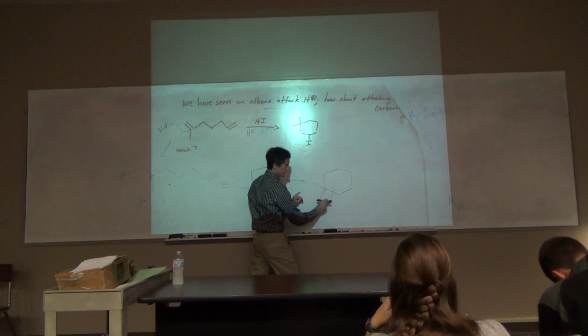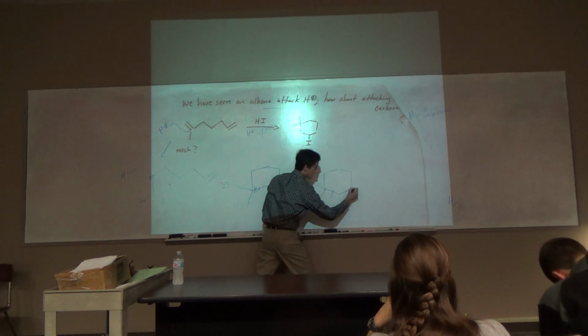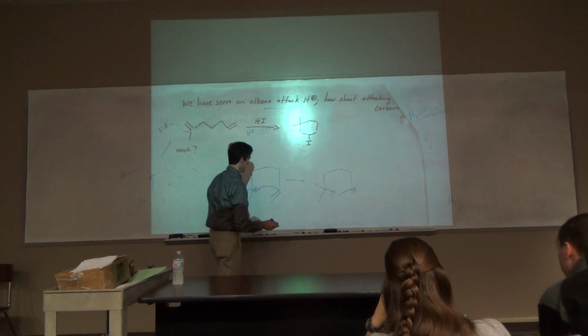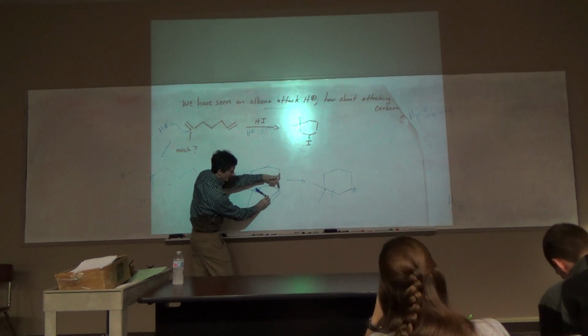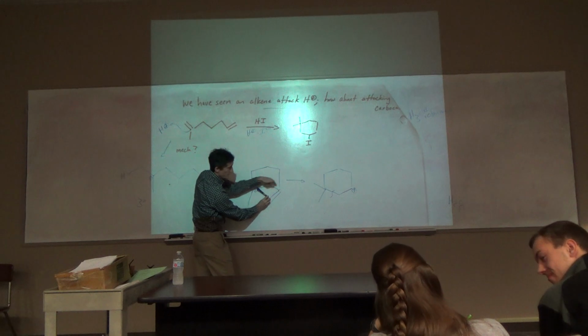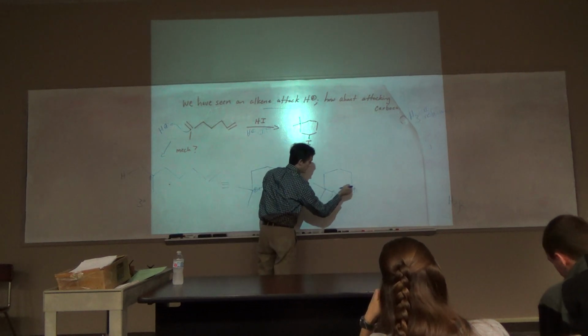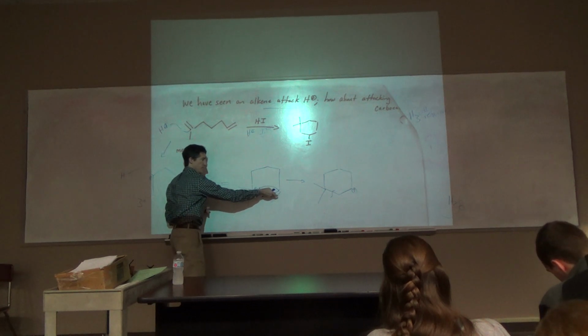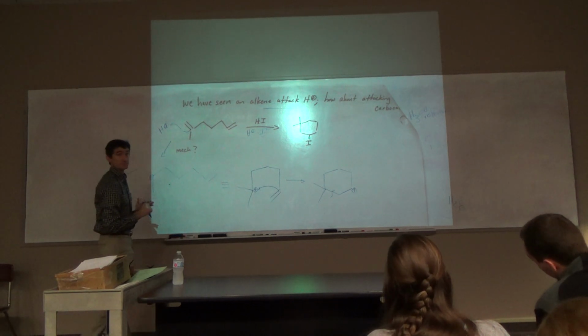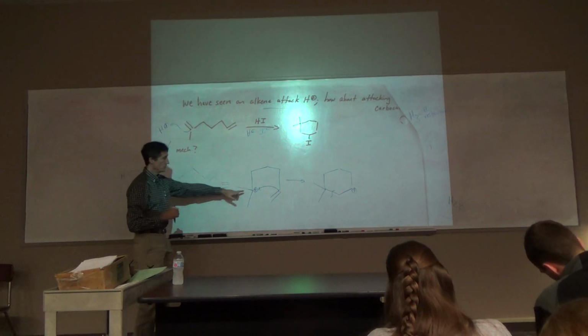Where's the cation? Cation's here, because that carbon lost electrons. This one's bonded. That one lost electrons. This carbon only has 3 bonds. It's a cation. And there you go. This is a pi bond attacking a positive. But this positive is a carbocation.